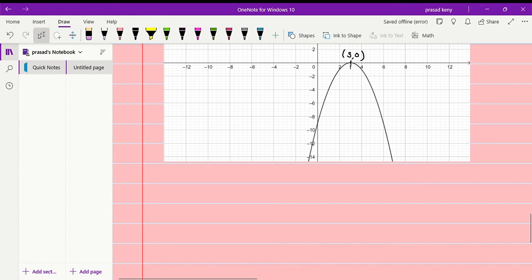Now in the next case, a is greater than 0 and b square minus 4ac is less than 0. Now b square minus 4ac is less than 0 means there are no real roots.